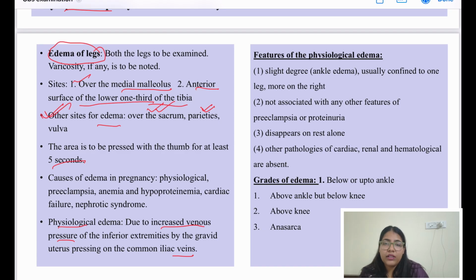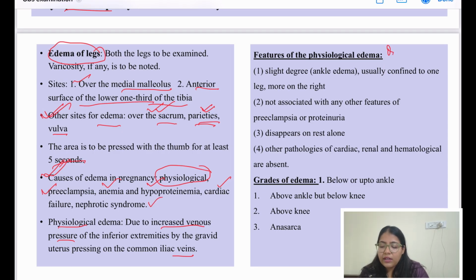In cases of abdominal edema, you can also see a peau d'orange appearance over the abdominal wall. We also look over the vulva for edema. What are the causes of edema? Most common is physiological, and pathological can be due to preeclampsia, anemia, hypoproteinemia, cardiac disease, and nephrotic syndrome.